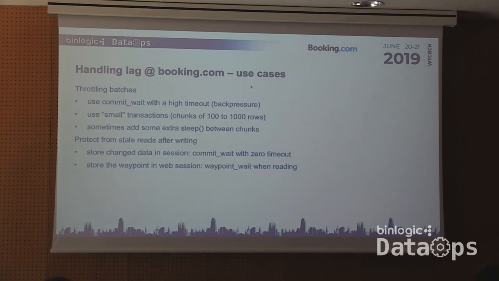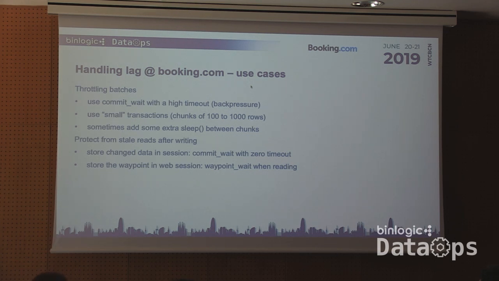The batching is basically the easiest way to handle the writes: make sure you use small transactions. As I said, that may be like 100 or 1,000 rows, something like that. It often depends on what you're actually doing, and also you may be writing into several different tables, which often happens when you're making changes to things. And also sometimes it's good to include a small delay between the changes that you make.